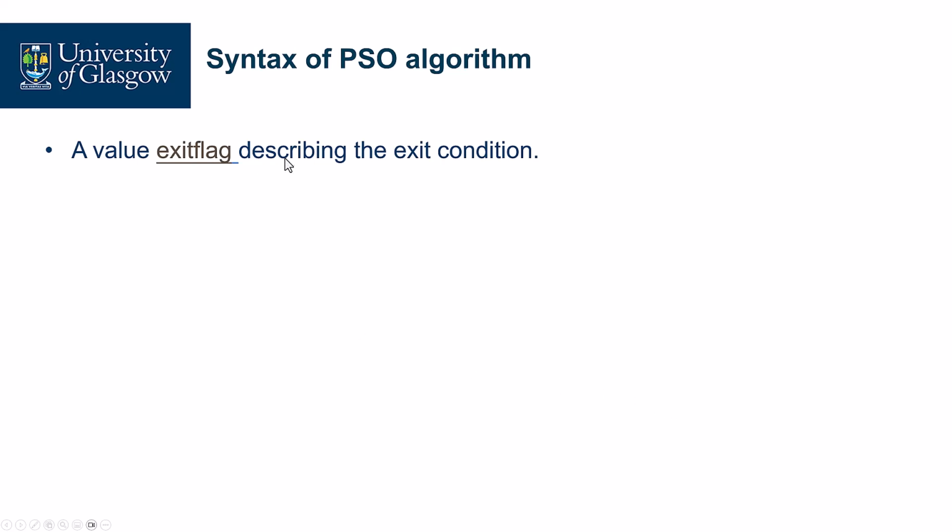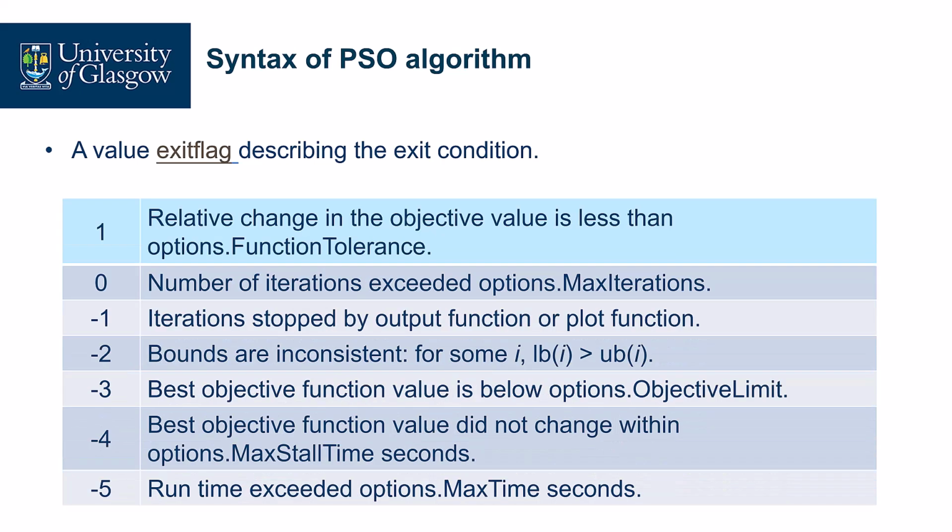An exit flag is a value to tell you why the algorithm stops. We can see here's a table, and I just explain some of them. First of all, the relative change in the objective value is less than options.FunctionTolerance. In the options, the function tolerance, you can set a value, right?